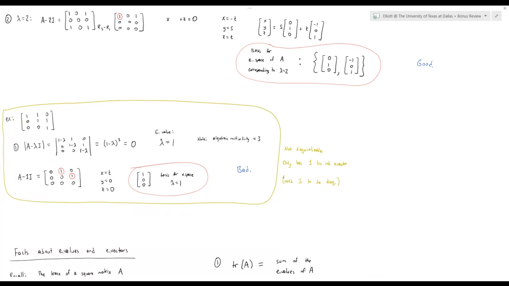Most of the applications that I've seen are more theoretical, but it also has some applications in practice as well. If your matrix is not diagonalizable, it's harder to work with in many applications, I suppose.